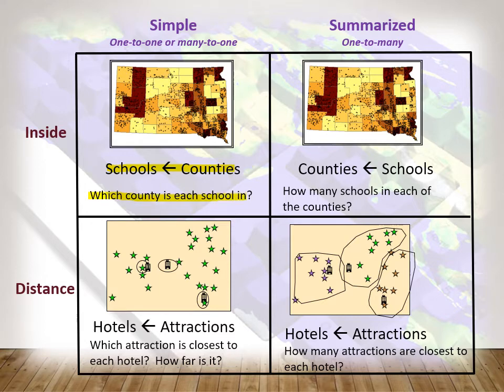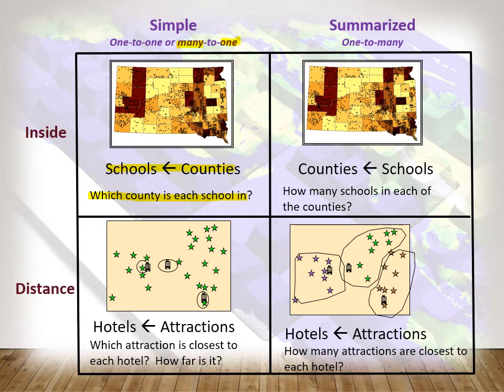If your question is which county is each school in, there's only one county for each school. So this is a many-to-1, keeping in mind that the left-hand side here is the destination and the right-hand side is the source.